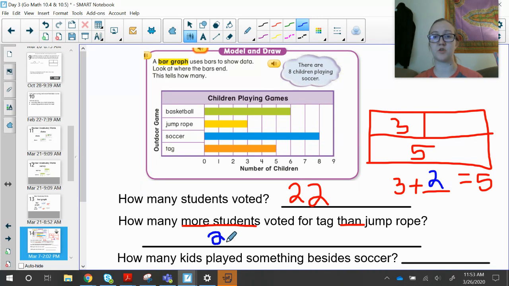So I'm going to put 2, and then I'm going to put students, because with story problems and with data especially, we want to know exactly what we're talking about. And it's difficult to write on the computer with a mouse. So sorry, my handwriting is not very great.